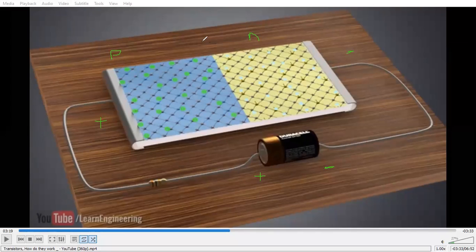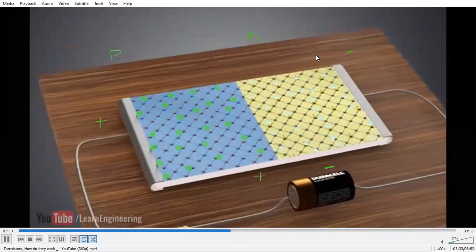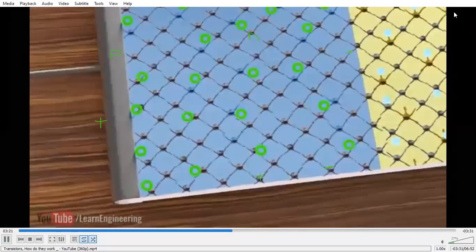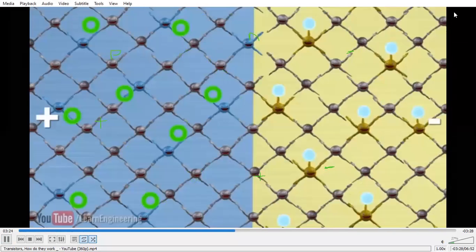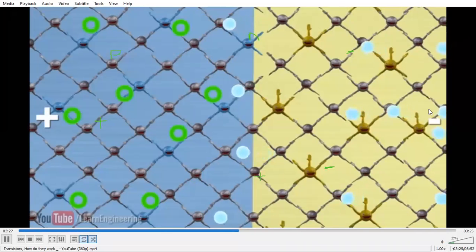What happens when we connect in this manner? This one is negative, this one is positive. You see that the electron from the N type will start to drift to the P type.